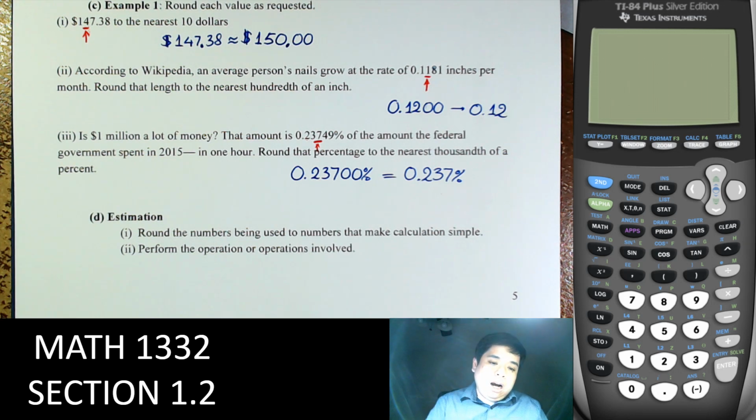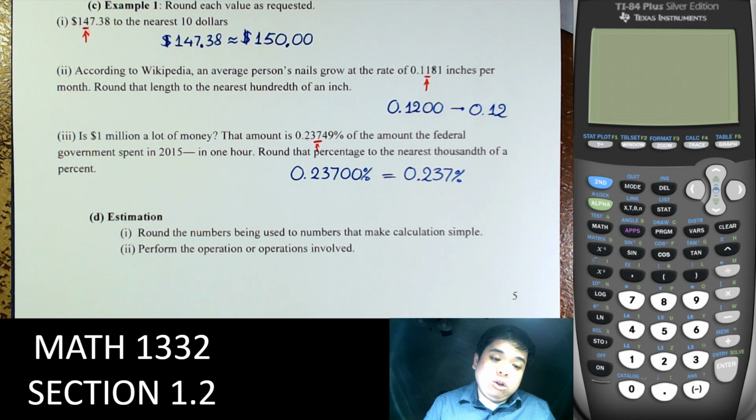Next, estimation. Usually when we do estimation involving calculation, we try to make things simple so we can calculate more easily. In that case we round the numbers to convenient numbers that we can calculate.